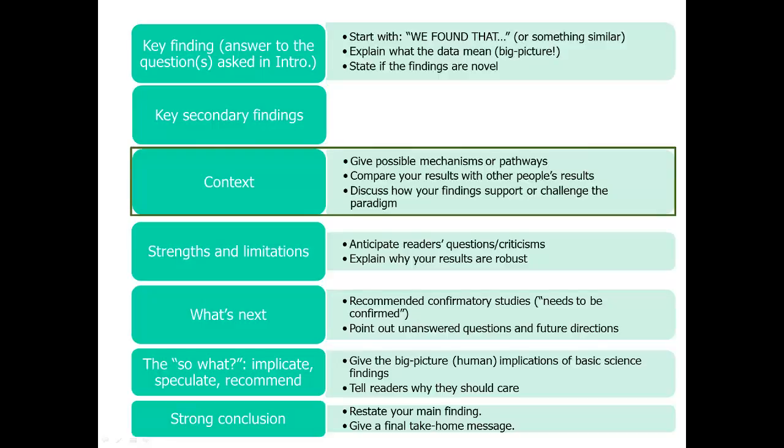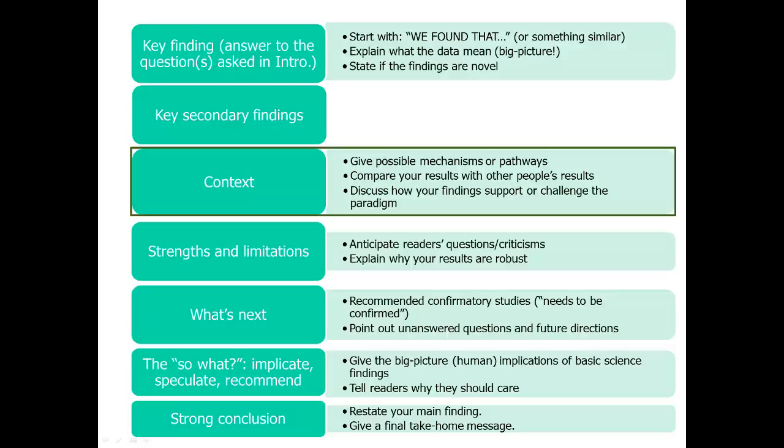Here's where you can get to some detail that I didn't want you to put into your introduction section. You can give possible mechanisms or pathways that might explain something that you're seeing in your data. Go down one level in the biology, for example. If you're looking at people, you might talk about the genes and cells that might be involved. Maybe you didn't measure any of that in your study, but here are the potential mechanisms that explain what I'm seeing.